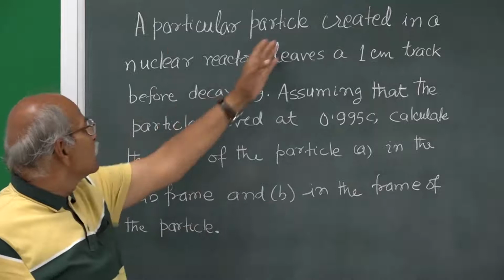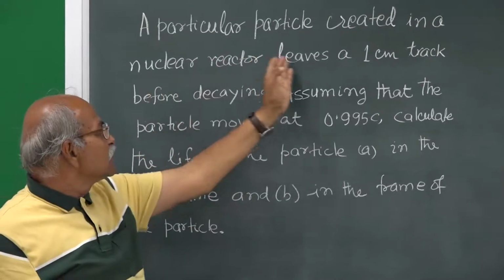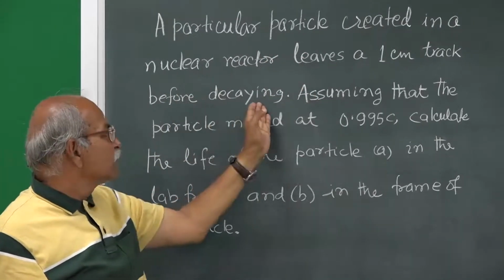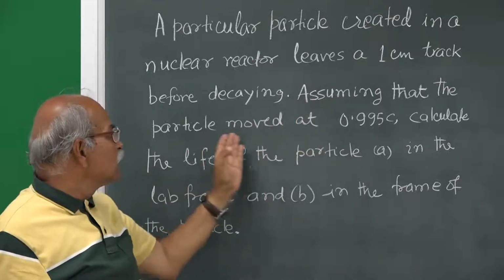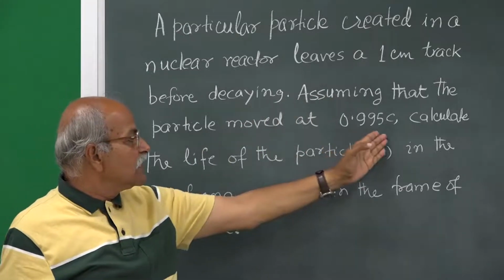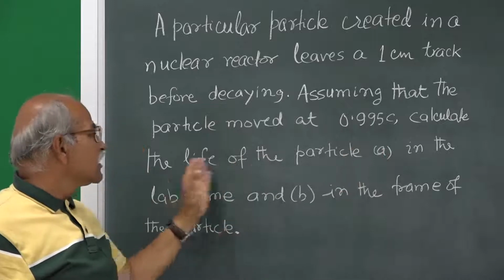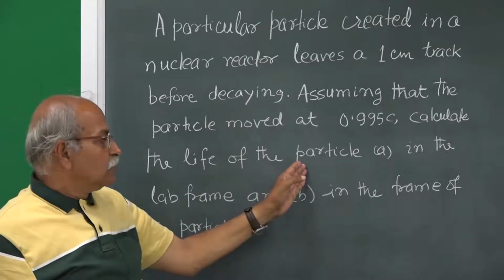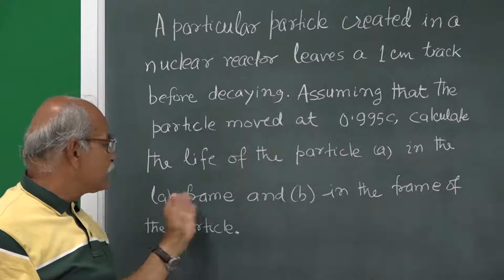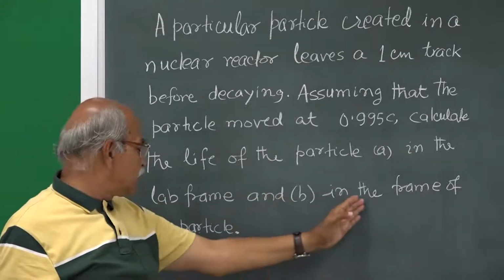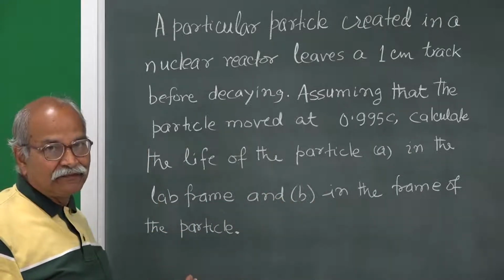Assuming that the particle moved at 0.995 C, calculate the life of the particle, first in the lab frame and then in the frame of the particle.